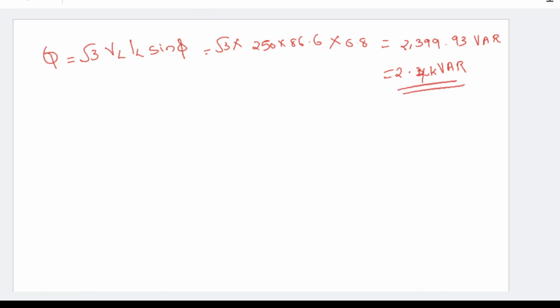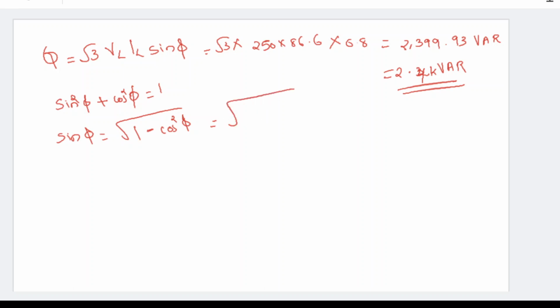Or you can do it like this: sin square theta plus cos square theta is equal to 1, isn't it? So sin phi will be equal to root of 1 minus cos square phi.